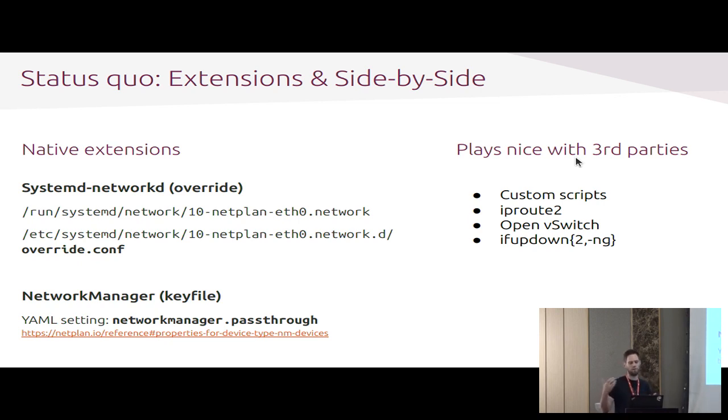So you could have custom scripts that make use of iproute2, like manual commands, to bring up a specific interface, and just leave it out of the Netplan configuration, and then it will not touch it. You can configure it as you need. Same with Open vSwitch. If you have some specific Open vSwitch configuration that you want to keep in the native format, you can do that and use Netplan for the other interfaces.